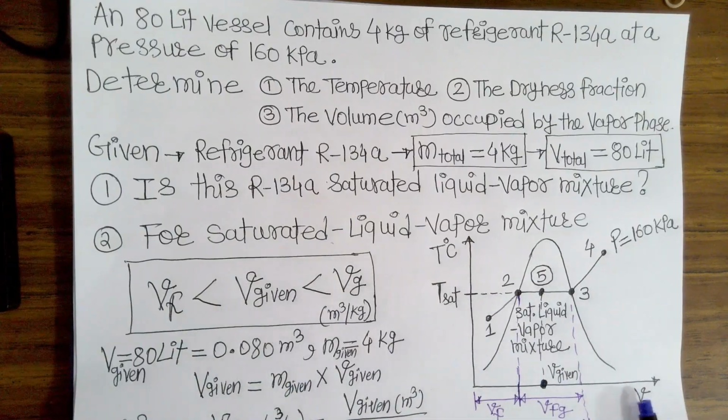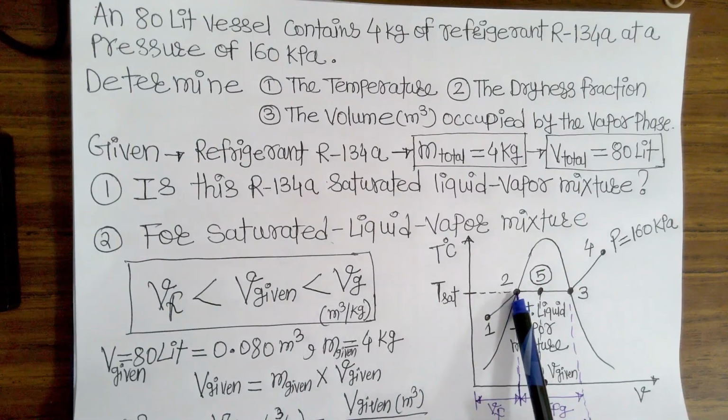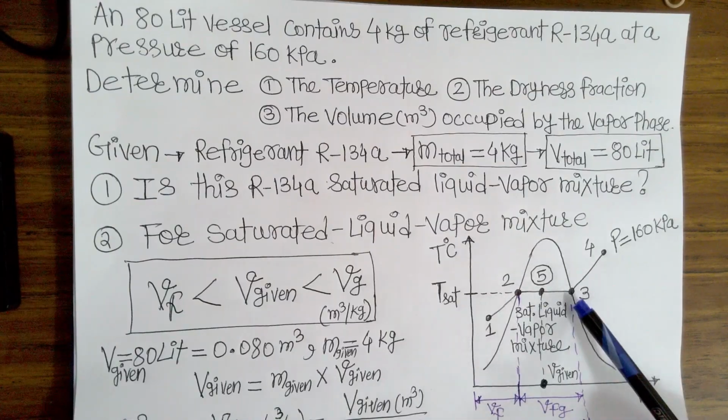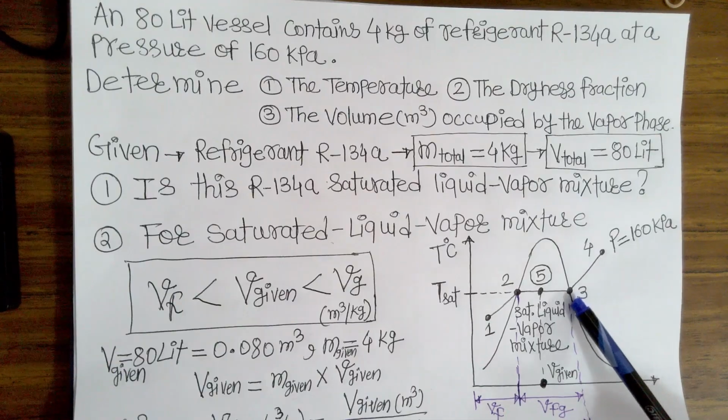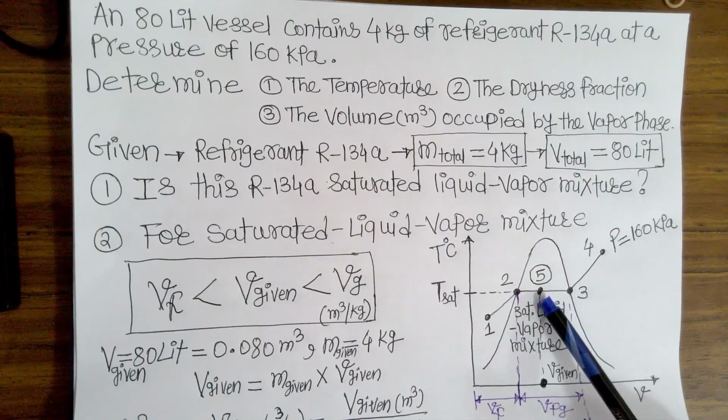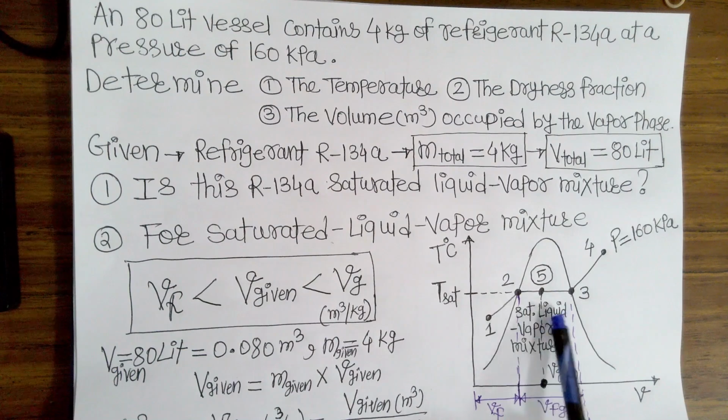So let us discuss how we can identify saturated liquid vapor mixture using specific volume. This TV diagram, I have already explained in my previous video. I will give you the link of that video in the description. On this TV diagram, condition 2 represents the saturated liquid condition, condition 3 represents the saturated vapor condition, and condition 5 represents the saturated liquid vapor mixture condition.